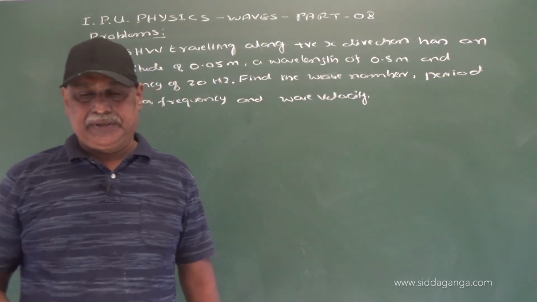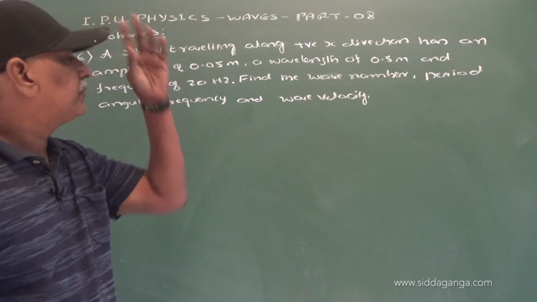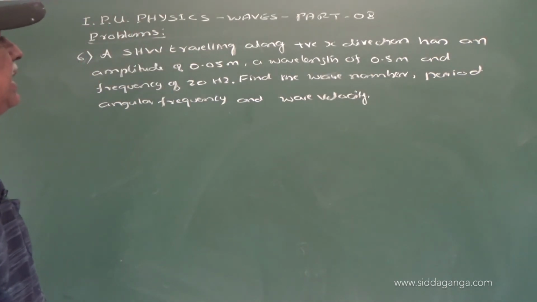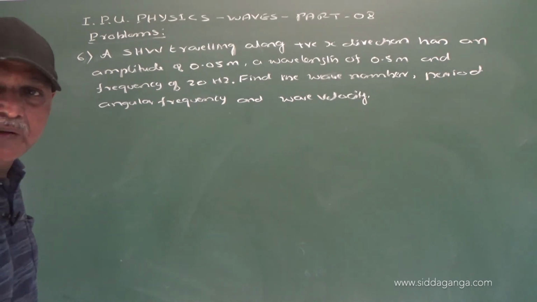Right. Now, once again we will read that problem. A simple harmonic wave traveling along positive x direction has an amplitude of 0.05 meter, a wavelength of 0.5 meter and frequency of 20 hertz. Find the wave number, period, angular frequency and wave velocity.